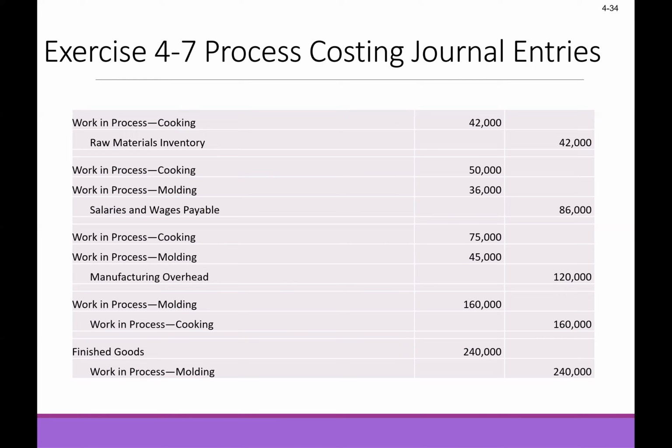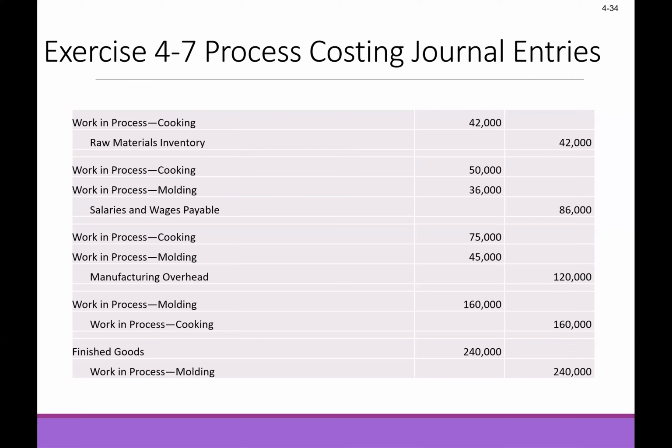Perfect. Now I'm breaking them down by department because that's how it works for me. I look at one department, figure it out. Look at the next department, figure it out. Now, it looks like the raw materials only happened in cooking. Molding did not get any new raw materials in.